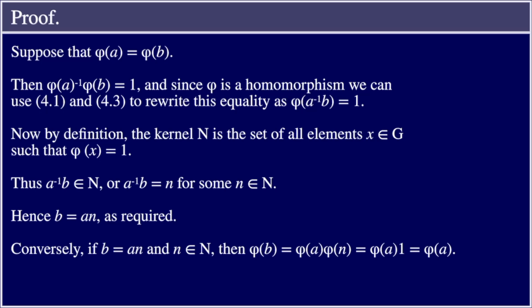Thus, a inverse b is a member of N, or a inverse b equals n for some n a member of N. Hence, b equals a n as required. Conversely, if b is equal to a n and n a member of N, then phi of b is equal to phi of a times phi of n, equal to phi of a times 1, equal to phi of a.